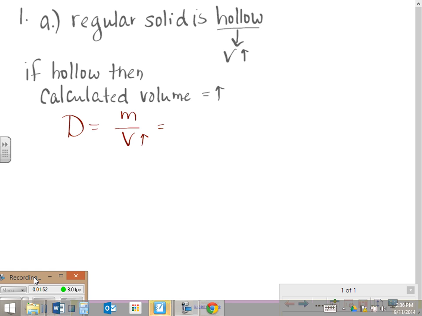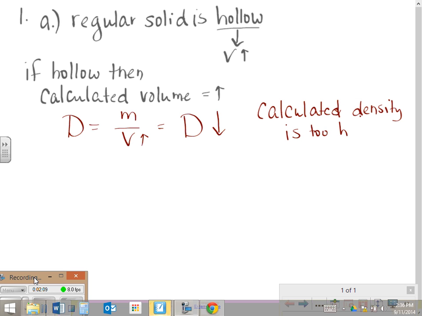So if our denominator is too large, that means our density is going to drop. So we would say calculated density is too low.